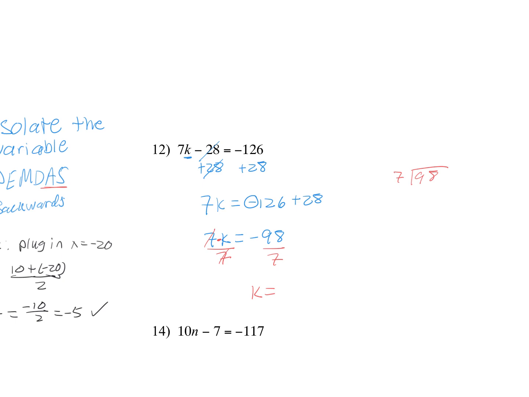So you could do 98 divided by 7, and then 7 goes into 9 one time. So we get 2, we bring down the 8, and then 7 goes into 28 4 times. So then k equals 14, but remember, negative divided by a positive is negative. So you get k equals negative 14.